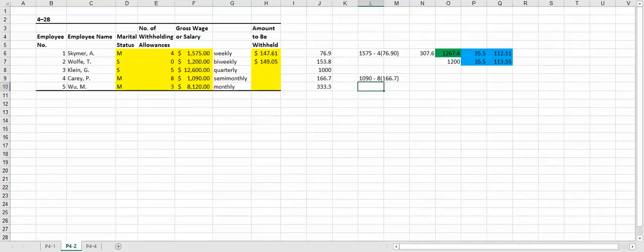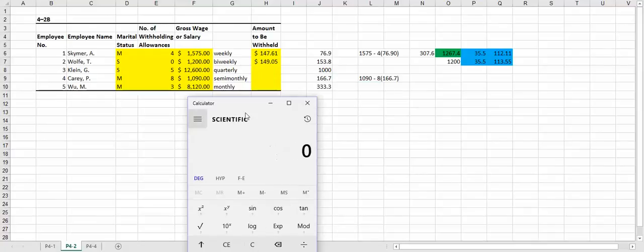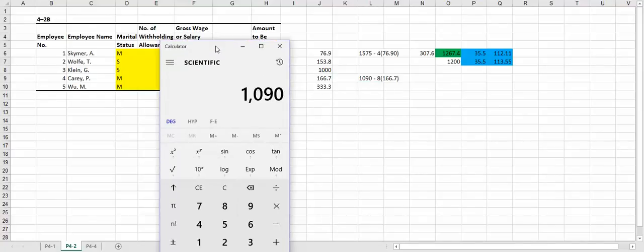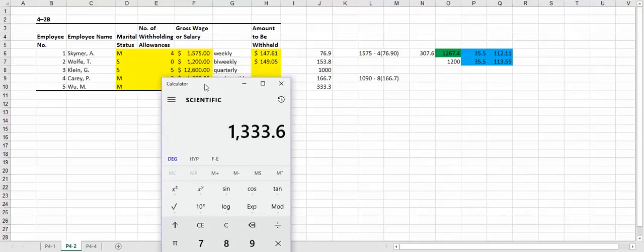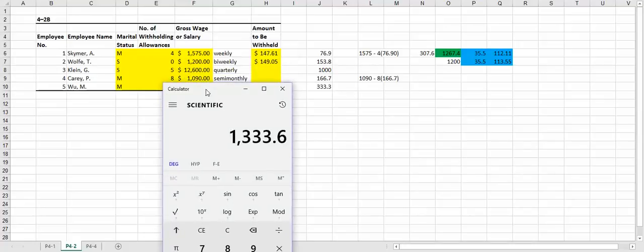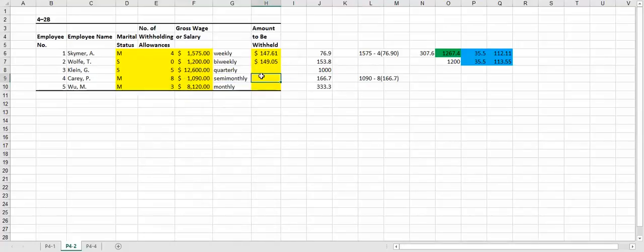If you do the math, 8 times 166.70, you'll notice the 1333 is actually bigger than his paycheck. So there is nothing withheld. Whenever you have a withholding amount larger than their actual pay, it's going to be a 0 amount withheld.